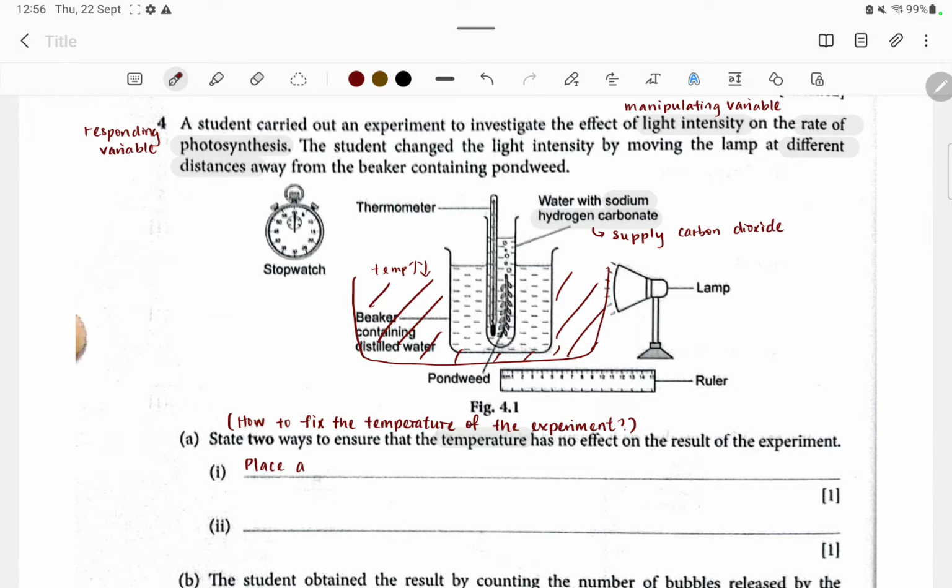So: glass tank filled with water between beaker and lamp. The phrase that you must write is glass tank filled with water. Must be water, cannot be oil or sand.